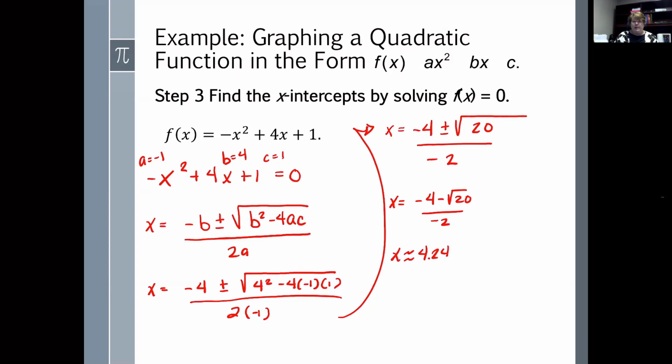The other approximation would be found by taking -4 plus the square root of 20 and dividing that by -2. When I do that, I get x is approximately -0.24. So there's my two approximations for my x-intercepts. And that's okay that I'm just getting an approximation because I'm going to plot that on the x-axis as best I can.